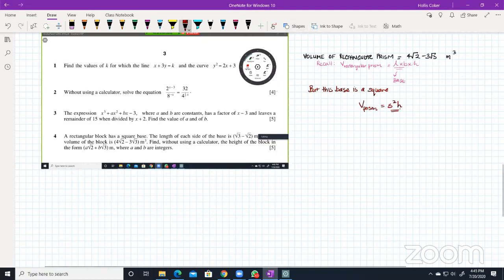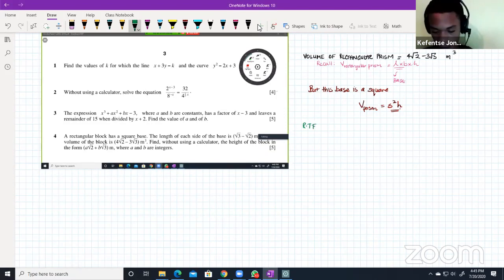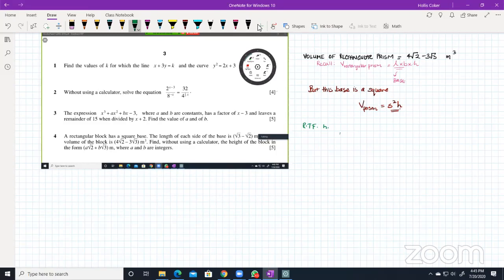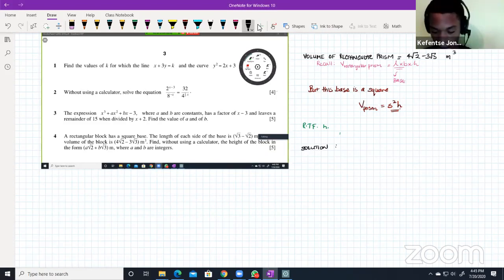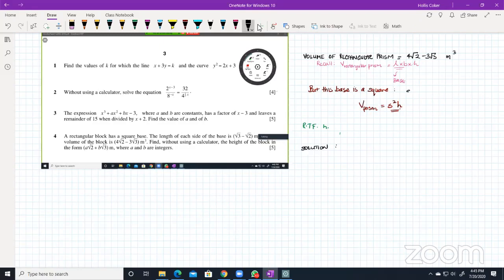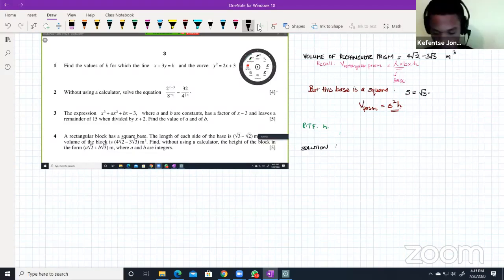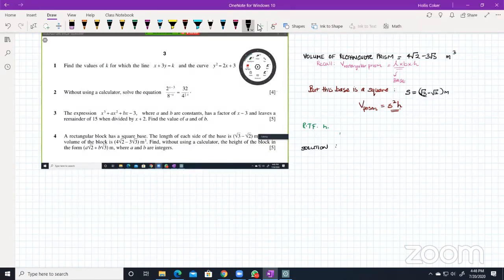Required to find the height. If you're required to find the height, where the side of the square, I'm saying the base is a square, is equal to, what was it? Root 3 minus root 2 meters. The volume of the prism is that.